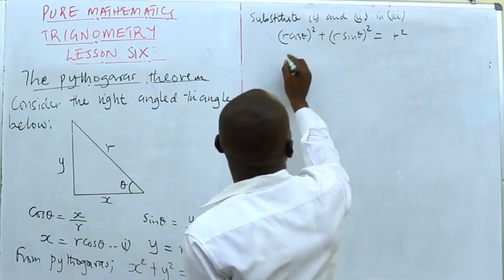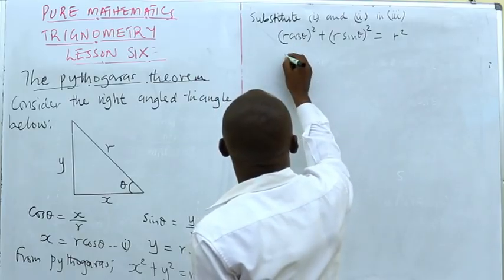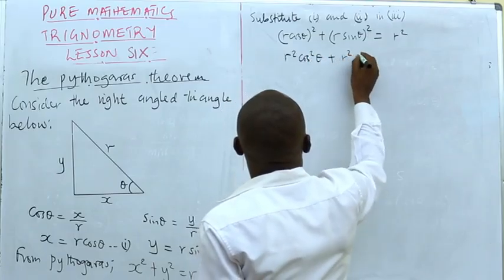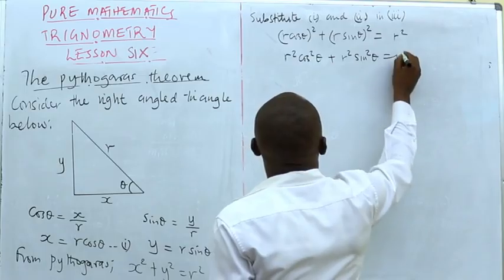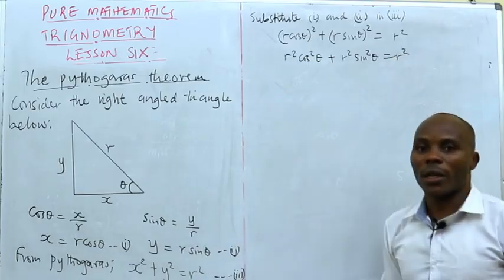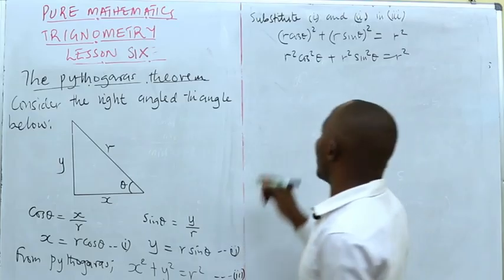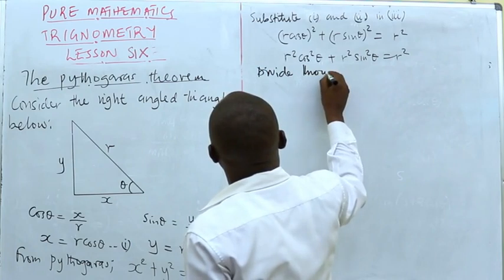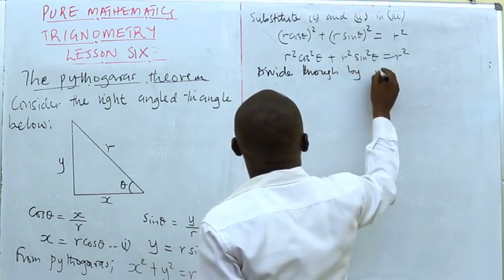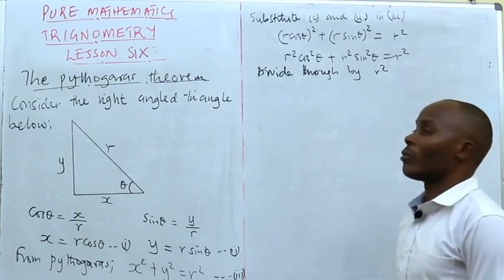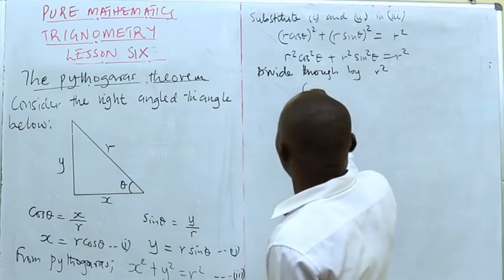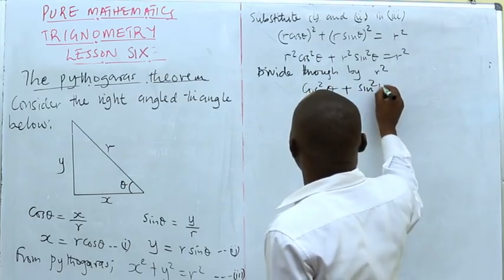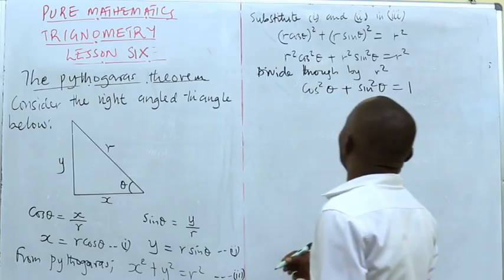Now, when I open those brackets, I have r squared cos squared theta plus r squared sin squared theta is equal to r squared. So can we divide it through by r squared? You'll get cos squared theta plus sin squared theta is equal to what? Is equal to 1.